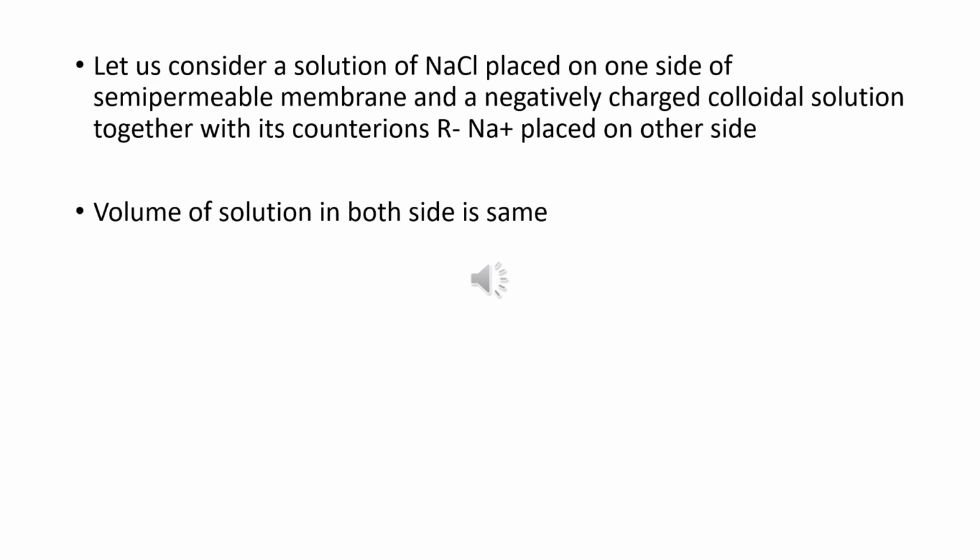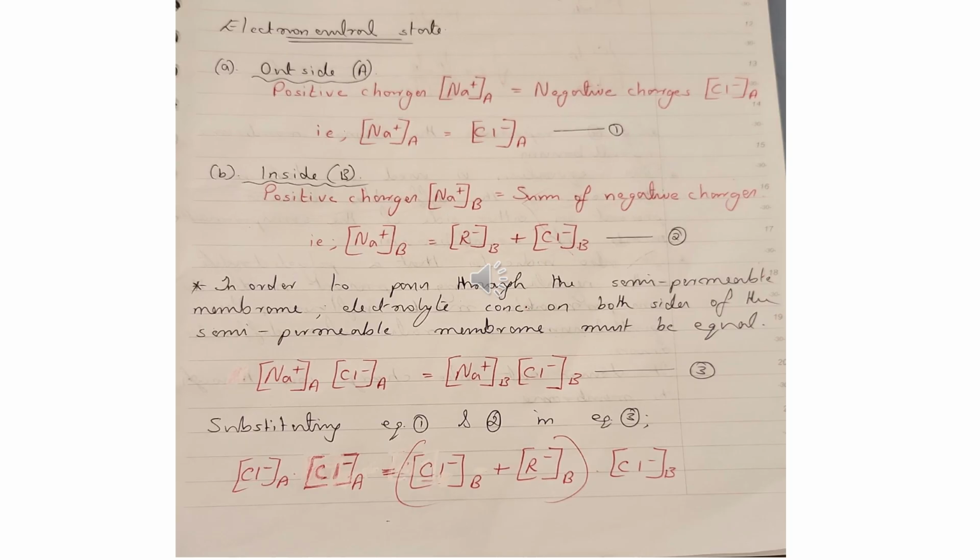So we can consider a semi-permeable membrane with NaCl solution on one side, and the negatively charged colloidal particle with Na plus on the other. The membrane allows Na plus and Cl minus to pass through, but R minus cannot pass. Therefore, an uneven ion distribution will occur. This results in the Donnan membrane effect.